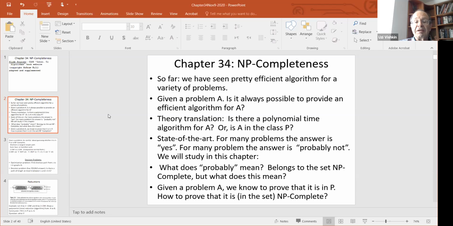And a big part of understanding this chapter is understanding the mathematical meaning of probably not.